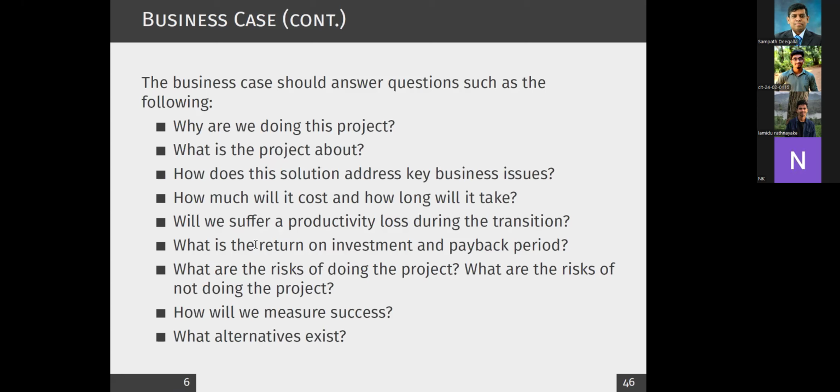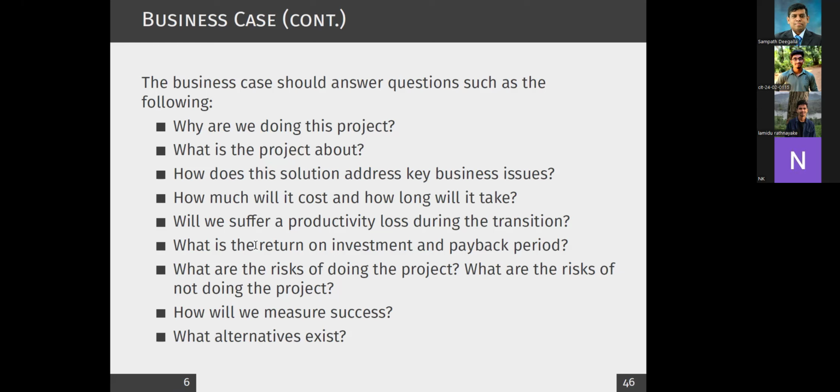Now, when you're making a business case, that means a proposal for a new information system, you have to ask a few questions. For example, why are we doing this project? We talk about developing an information system. Then you ask, what is this project about? So first question is, why are we doing it?